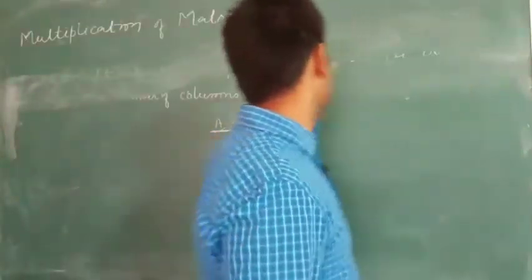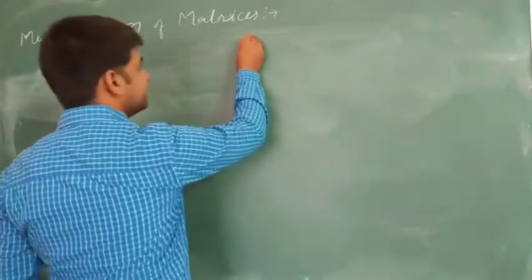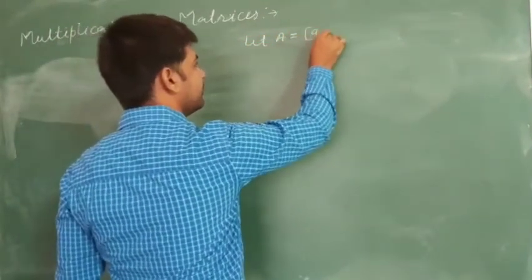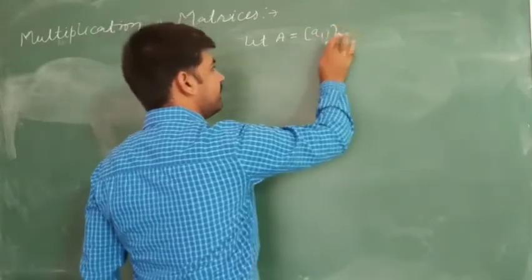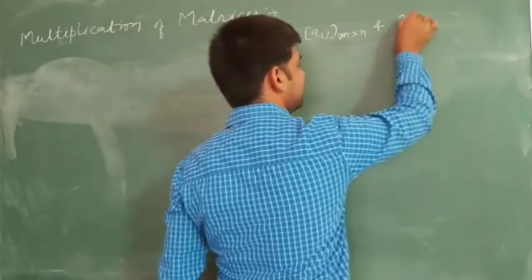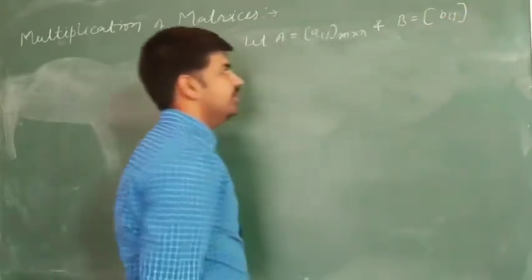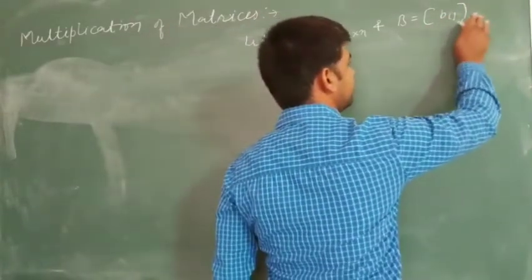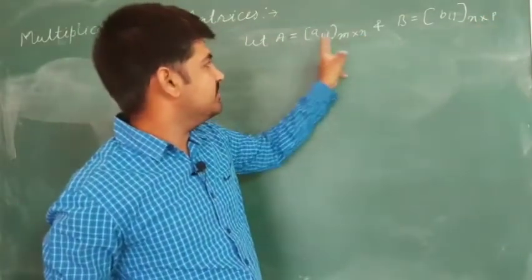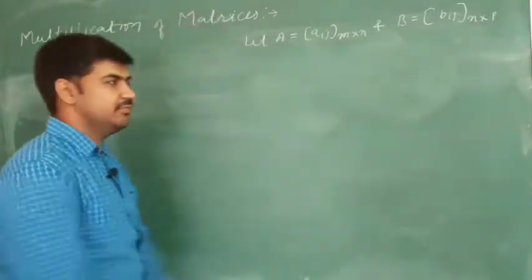Now I am taking two matrices. Let A be of order m by n, and B with the elements Bij, and the order I am taking n by p. You may see I have taken the number of columns in the first matrix equal to the number of rows in the second matrix, means both can be multiplied.